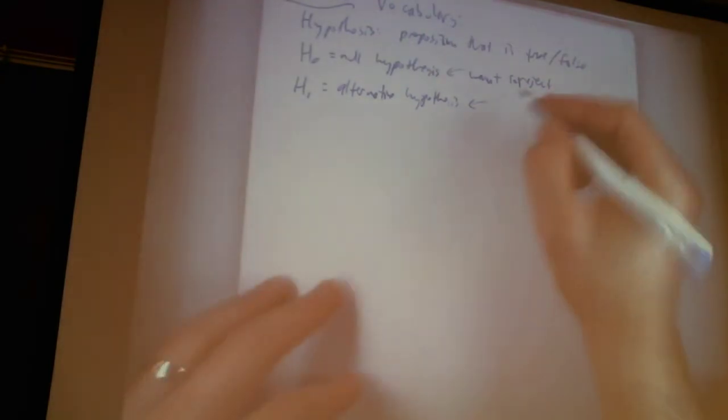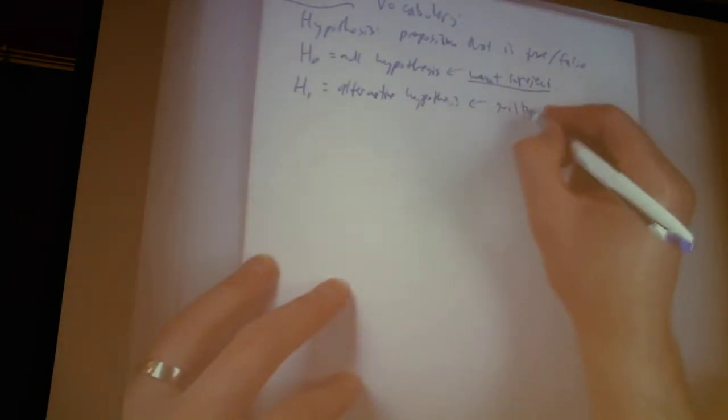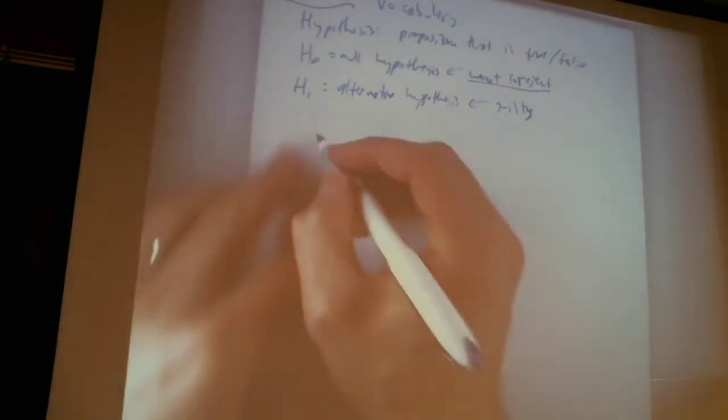So this is guilty. We want to reject the innocence of the null hypothesis. We want to show guilt. We could make a mistake. We could let an innocent man go to jail. We could let a guilty man go free. Obviously, which one did I say first? The former rather than the latter, or the other way around. We don't want innocent people in jail.